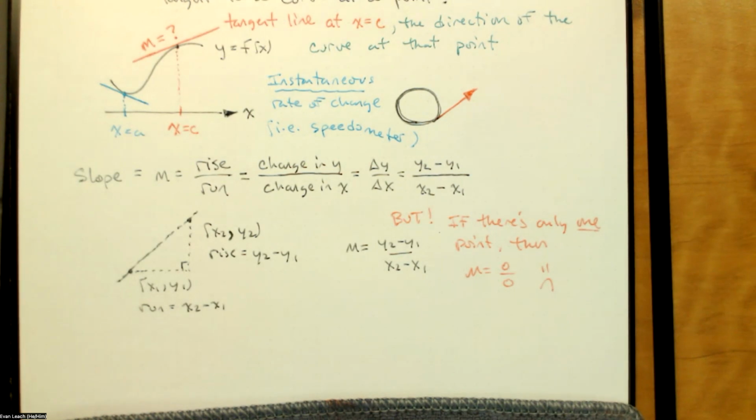If it's something else divided by 0, like 1 divided by 0, that's undefined. But 0 over 0 is called indeterminate, because it might be 1, it might be 0, it might be infinite, and it might be anything other than 1.